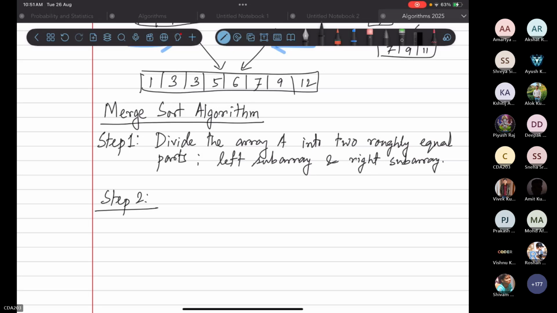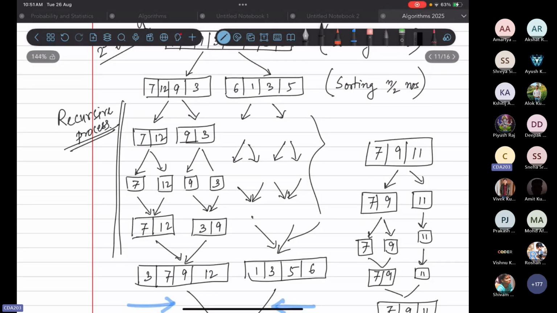While writing the pseudocode, I will not write that the left subpart will again be subdivided into two parts, and then each of the other even smaller subarrays will be further subdivided. No, I'll not write it in this way. Just one line: I'm going to sort this left subarray recursively.